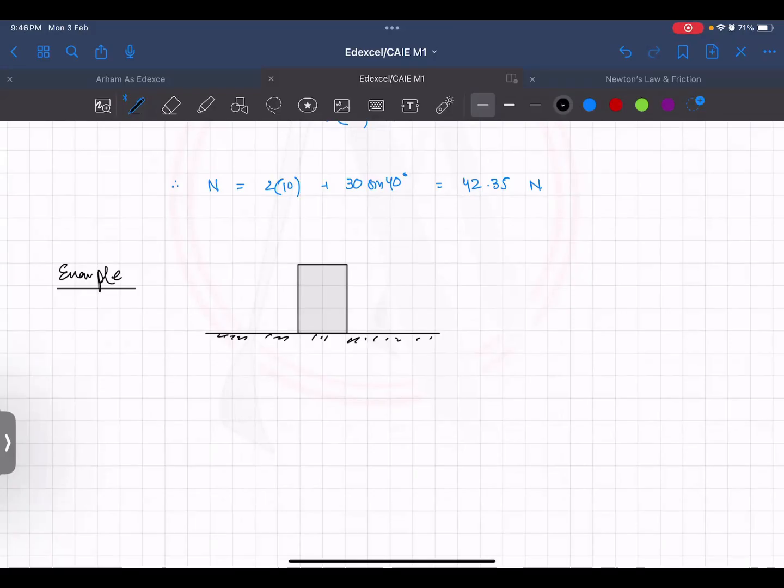Okay, this is something interesting. The question is telling that the object is in equilibrium.